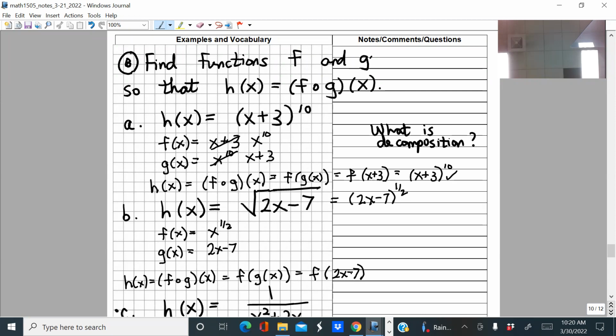And then what does f do with its input? It takes its entire input and raises it to what? The 1/2 power, right? So you have 2x minus 7 to the 1/2 power. But then you just have to remember, when I raise a base to the 1/2 power, that's the same as taking the square root, right? So 2x minus 7 to the 1/2 power is really the same as the square root of 2x minus 7. And that's it, right? That's what we wanted. That's the function h. So got it.